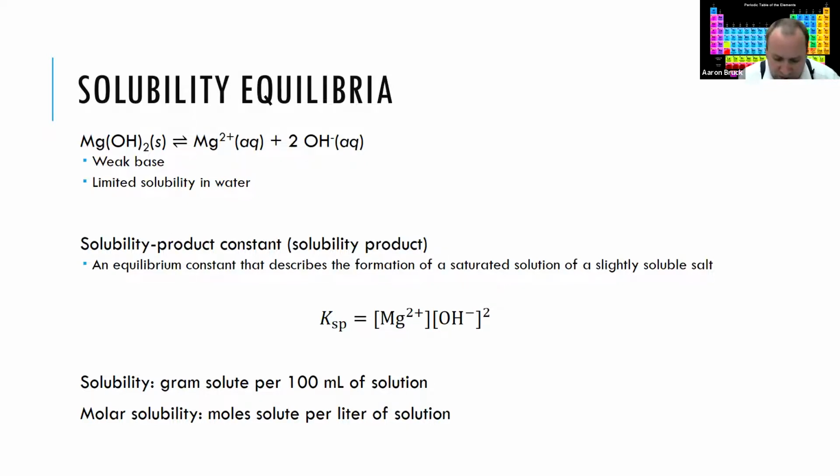And when we do, we enter into an equilibrium. That equilibrium has the undissolved solid on the one side, the reactant side, and the dissolved solid on the other side, where it breaks apart into its ions. And there's an equilibrium that exists between them when we hit that solubility point, where we can't get it to go any further.